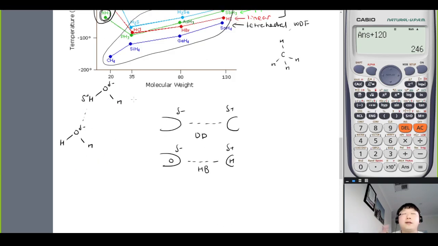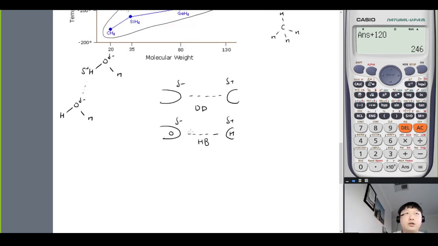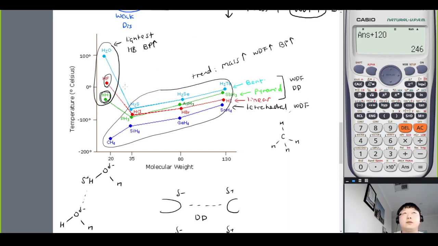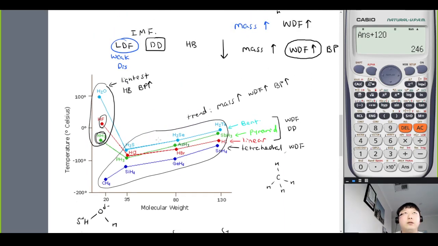So hydrogen bonding is nothing more than what? A special category of dipole-dipole. So when oxygen is attracted to hydrogen, or nitrogen is attracted to hydrogen, or fluorine is attracted to hydrogen, then this must be classified as hydrogen bonding. You understand this diagram fully now? Yeah? Okay.